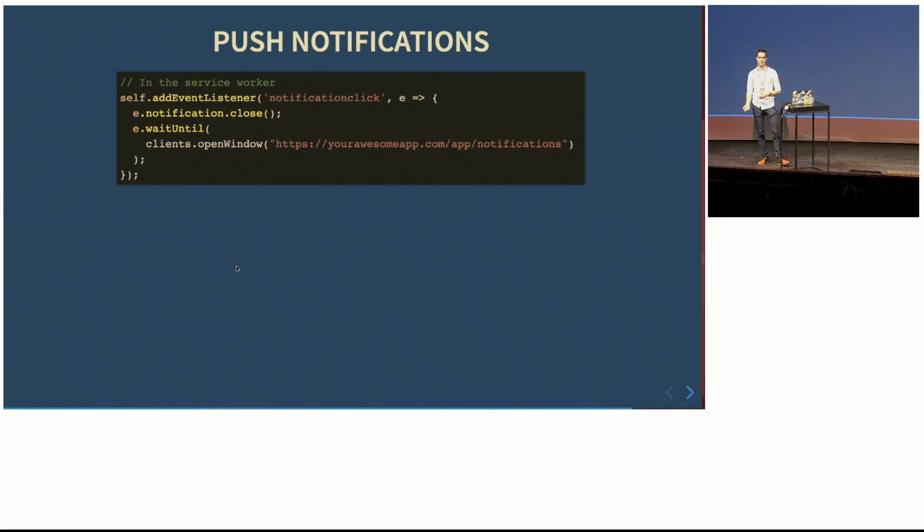So you can enrich the notification with actions, but the default action you have is clicking on the notification. Whenever that happens, you can close the notification so it doesn't stay on your user's screen all the time. And you can open a new window of your awesome app, for example, on the notification screen. You can also respond to the data inside the push notification to customize this URL. So this is the super quick way to do push notifications on the client side.